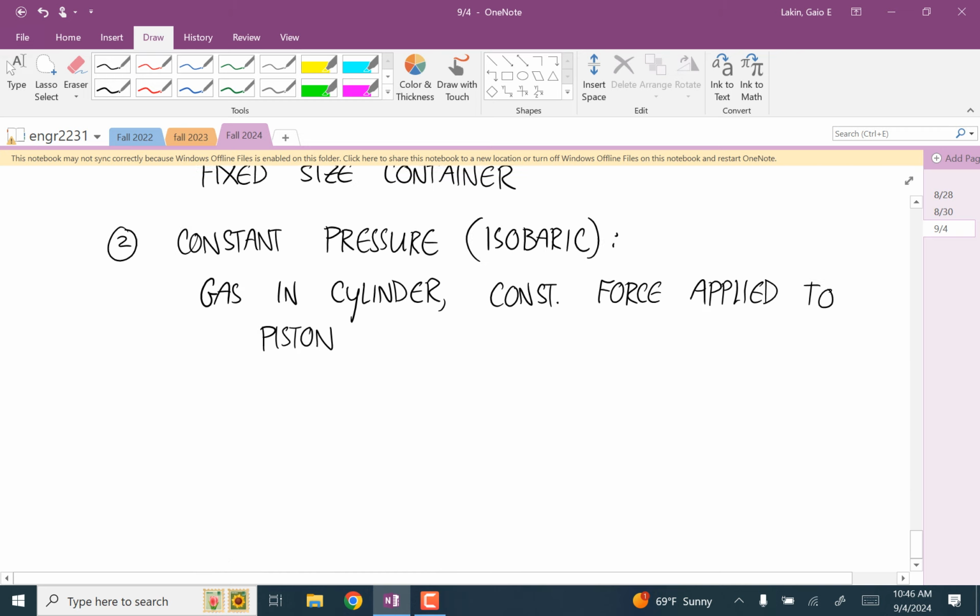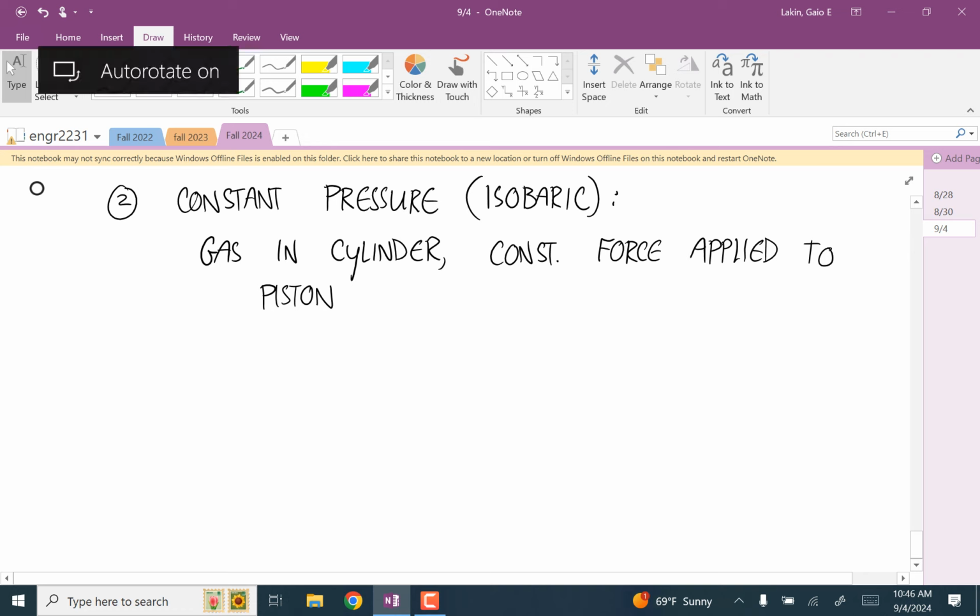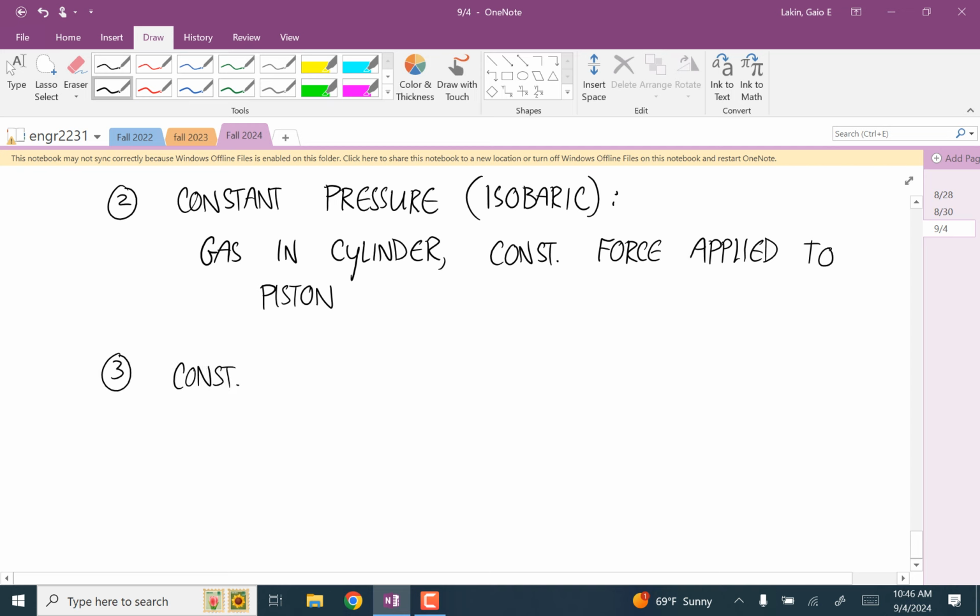Another one that we'll see often is constant temperature. That's called isothermal.